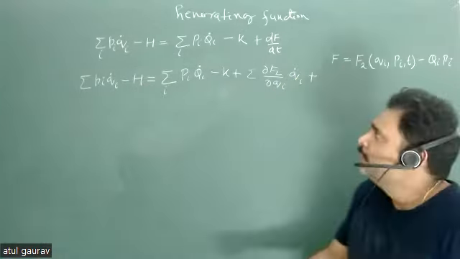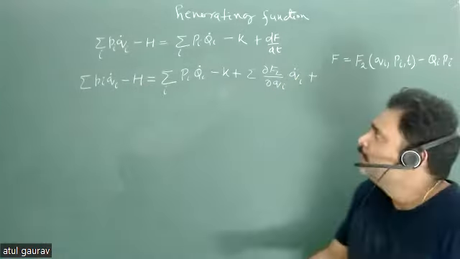So you can equate qi dot from here. So what will you get? You will get del f2 upon del qi is equal to pi. This is how it should be, because this is your conjugate variable. The second is del f2 upon del pi, and we are going to equate the coefficient of pi dot.